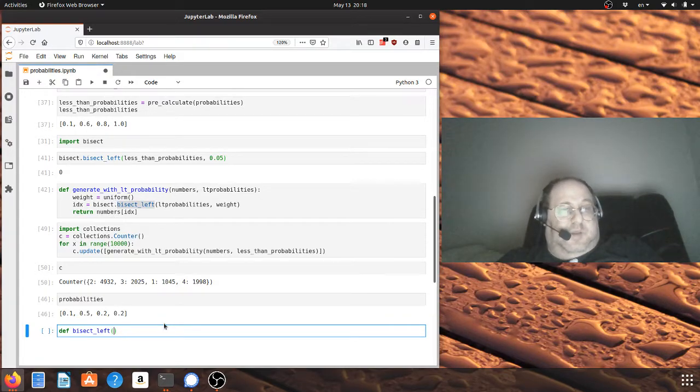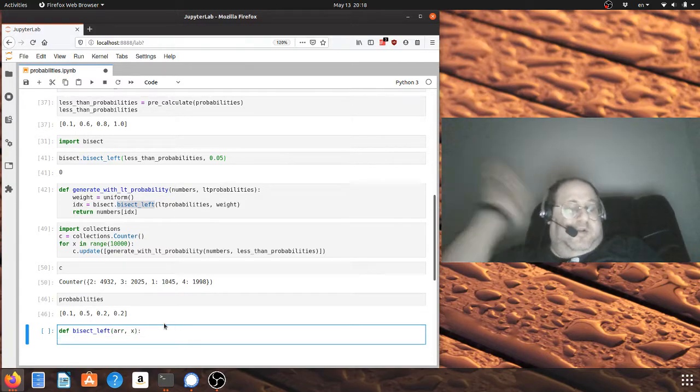Okay, so bisect left, array and x. We don't need the high and low because for our purposes anyway, it doesn't matter.